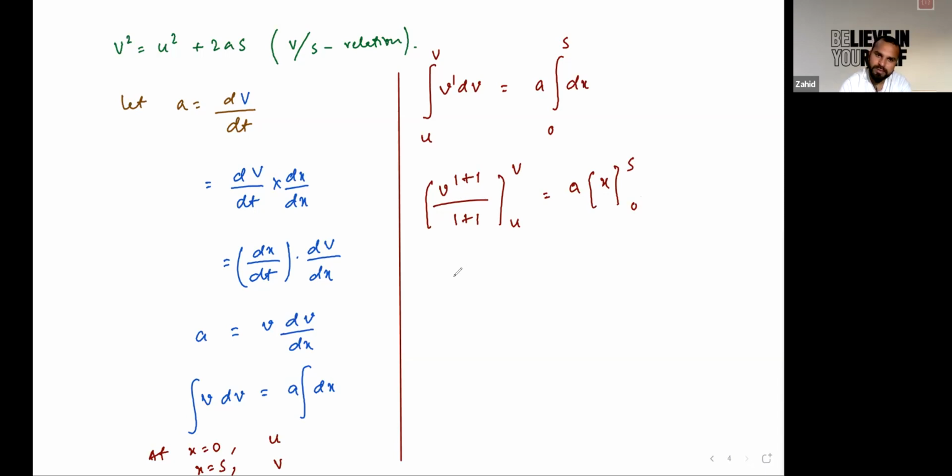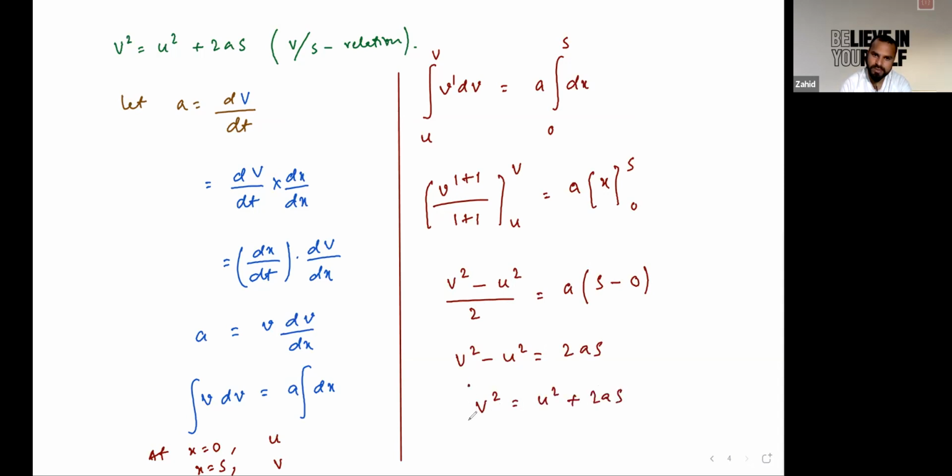Now, put the upper limit, it will be v squared, put the lower limit, it will be u squared, and there will be a negative sign in between, divided by 2, is equal to a times s. Now, if you move this 2 to the other side, you will get v squared minus u squared is equal to 2 times a s. Move u to the other side, it will be v squared is equal to u squared plus 2 a s as your final answer.